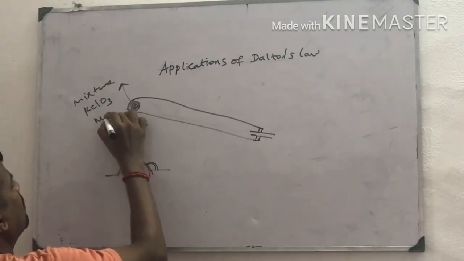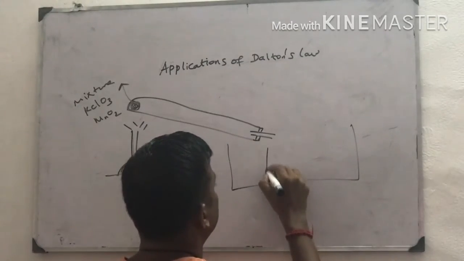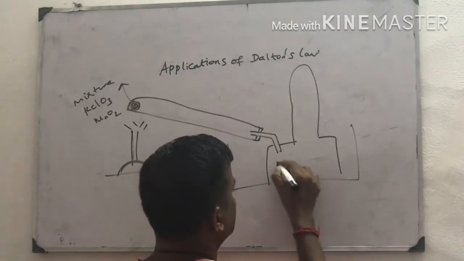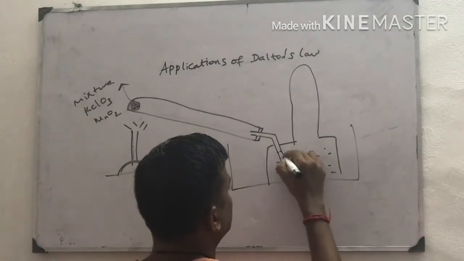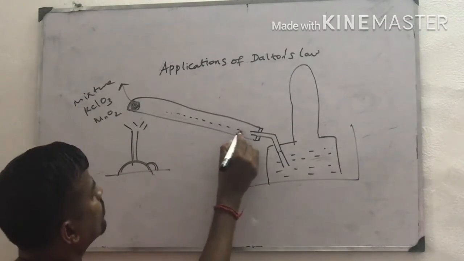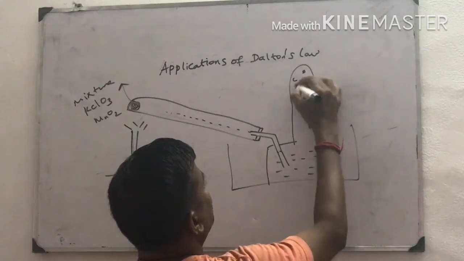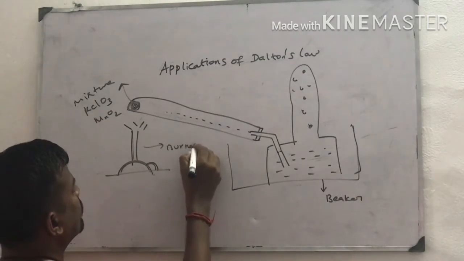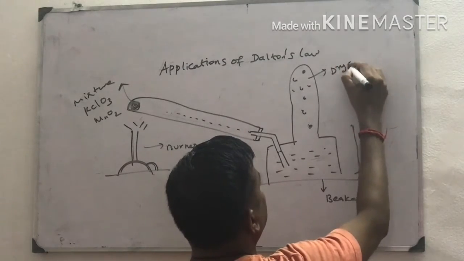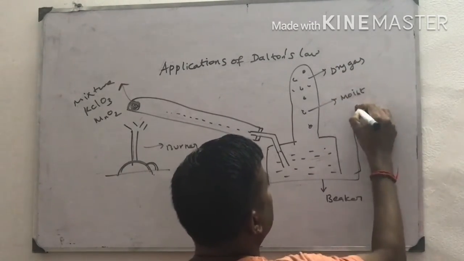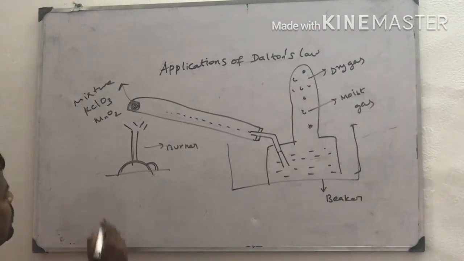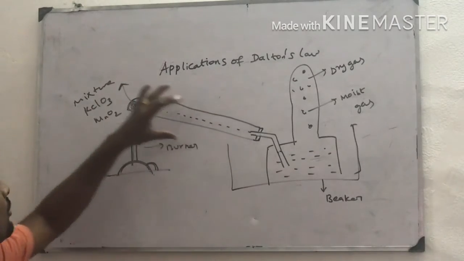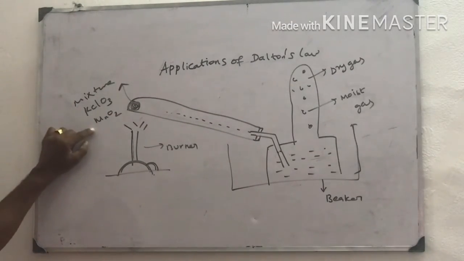KClO3 and MnO2. This is a glass tube containing a mixture of potassium chlorate and manganese dioxide.